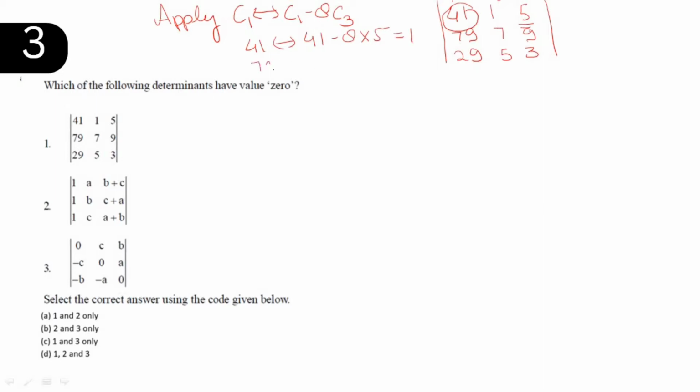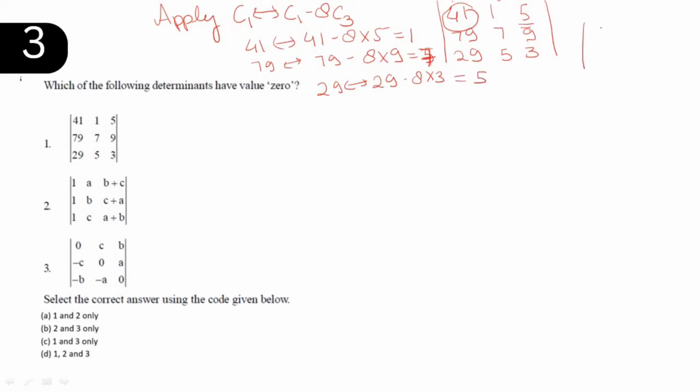In place of 79, it will come 79 minus 8 into 9, which is 72. 79 minus 72 is equal to 7. The third term, in place of 29, we write 29 minus 8 into 3, which is equal to 5.